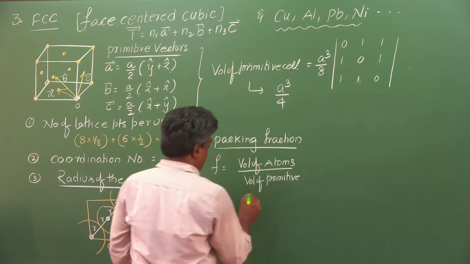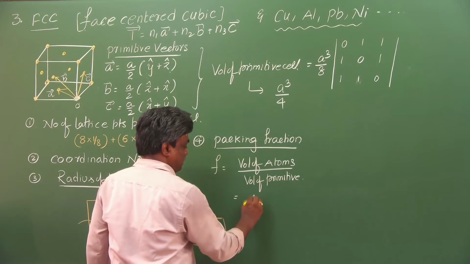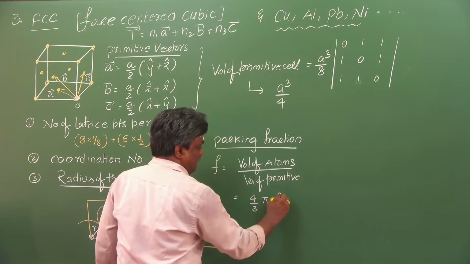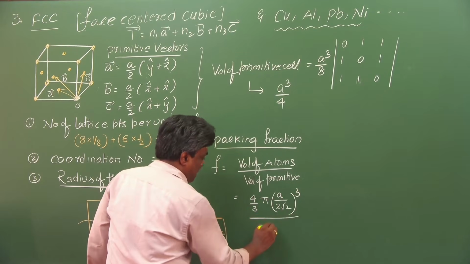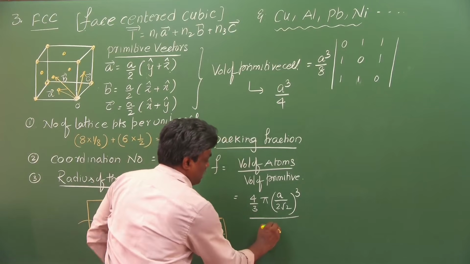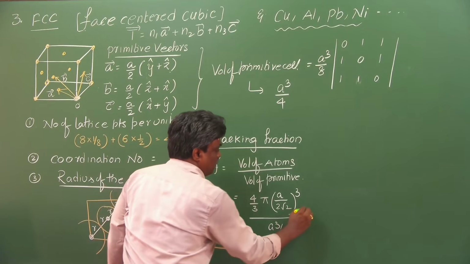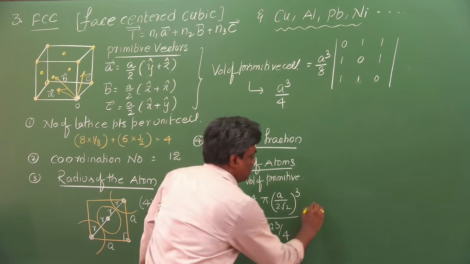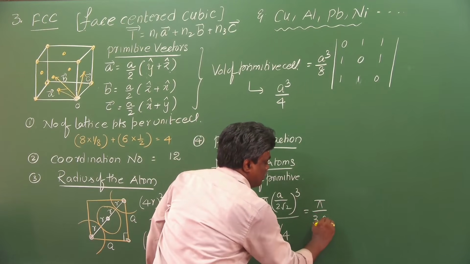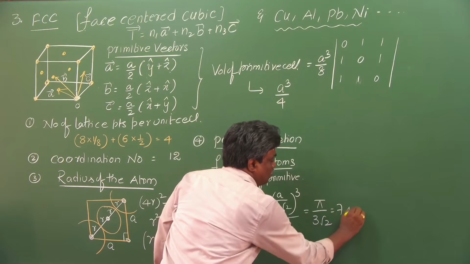So this is the volume of atoms, that is 4/3 pi (a by 2 root 2) whole cube divided by volume of a primitive cell a cube by 4. I think here you will get pi by 3 root 2. I think this is 74%, please check.